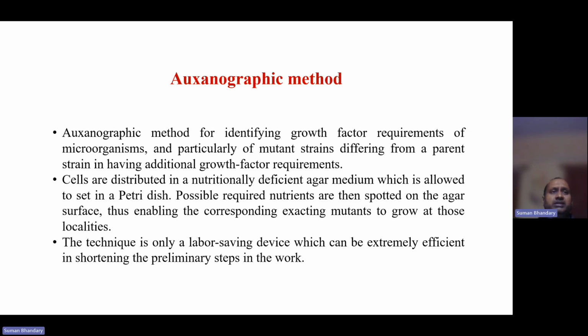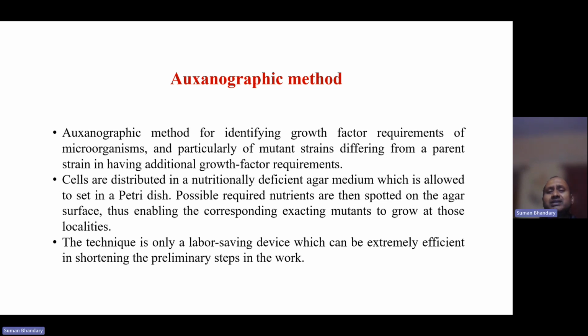And for this purpose, we have to spread a suitable aliquot on the surface of a sterilized agar plate and then allow it to grow.